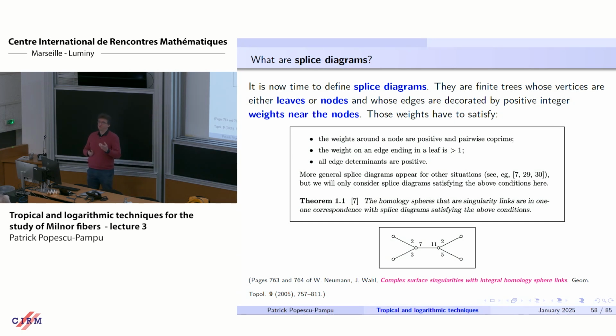And this condition of positivity corresponds to the fact that the intersection matrix of a resolution of a surface singularity is negative definite. So that condition of negative definiteness translates in many inequalities, which in this realm of splice diagrams translates in these conditions about edge determinants.